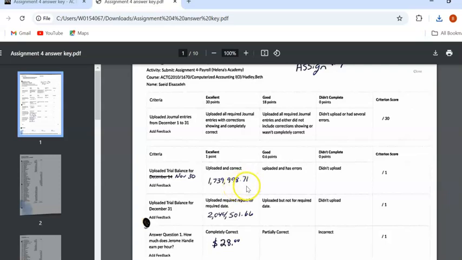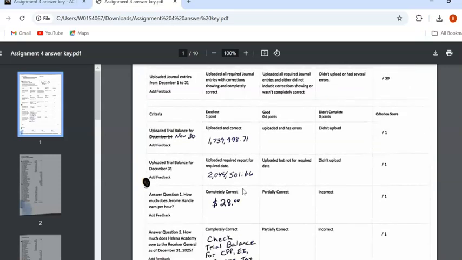Okay, so in order to get full points for your updated trial balance, uploading your trial balance for November 30th, if it didn't match the solution key that I gave you to always compare that activity to, then you only received good, or 0.6. It has to actually match perfectly for you to get the full point. Upload the trial balance for December 31st.